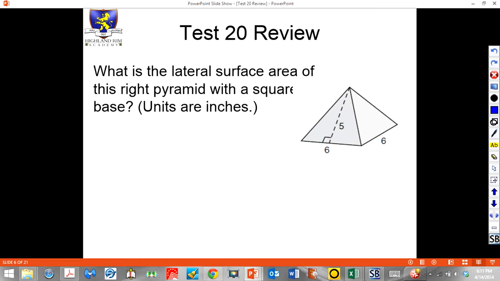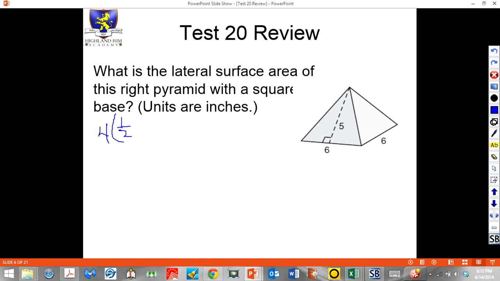Here we have a pyramid. It's a right pyramid with a square base, and it asks what the lateral surface area of this pyramid is. There are a couple ways we can do this. One is to take the perimeter, which is 24, times 1/2 the slant height. But let's look at it from this perspective. We have 4 triangles, and the area of each triangle is 1/2 times the base times the height.